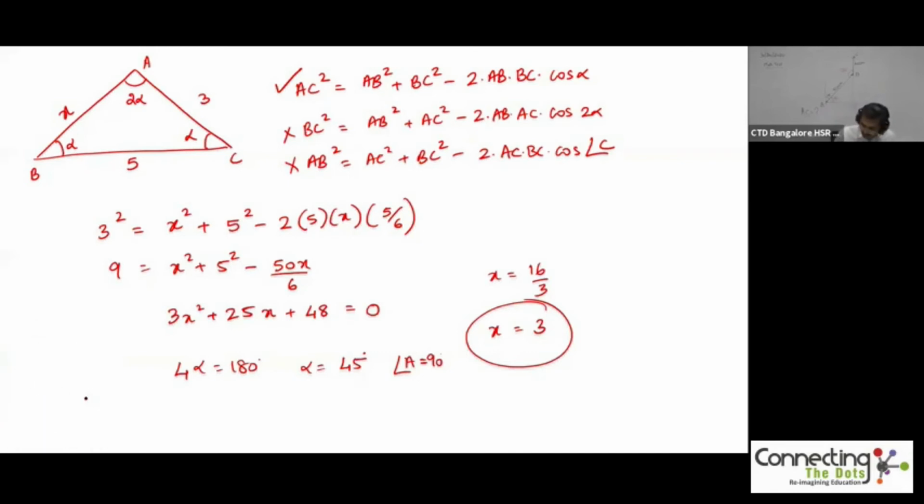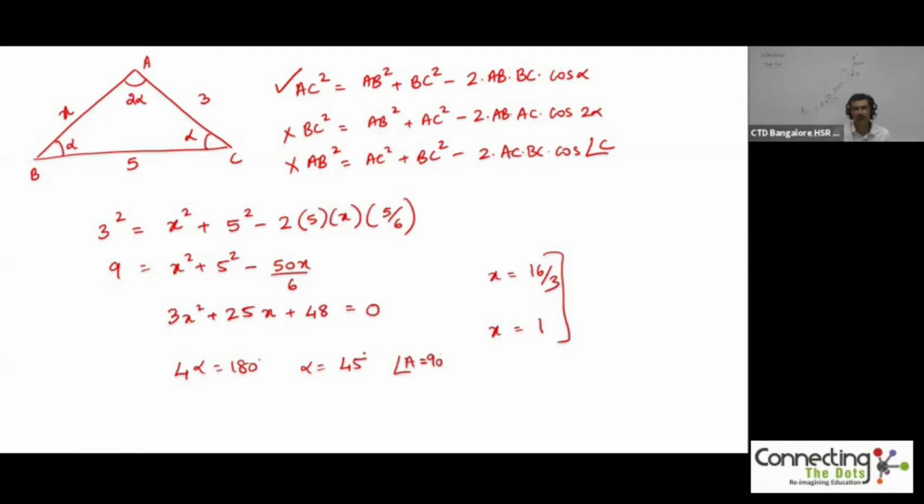The minute you get these two, you cannot rule one out at that stage because both of them look reasonable. If one of them was negative, you could discard it, but it isn't. Or suppose you got a solution like 16 by 3 and 1, what would you do?